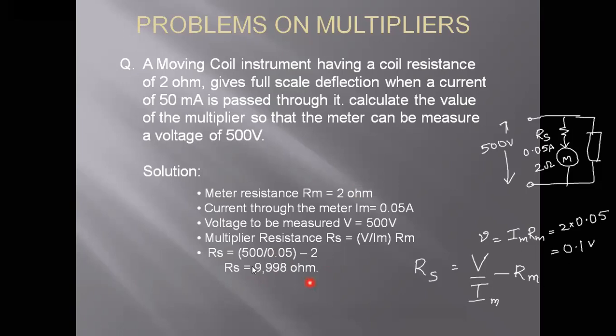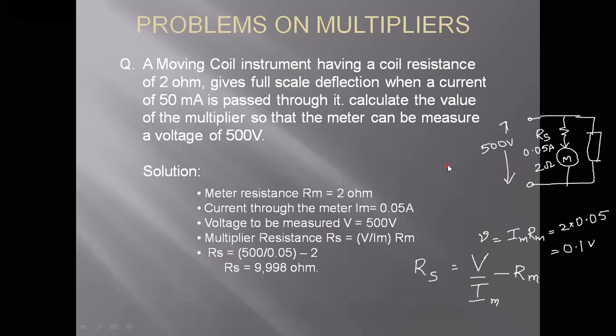If you compare the resistance of the series resistor, that is the multiplier, and the resistance of the meter, the multiplier resistance is very, very high compared to the meter resistance.